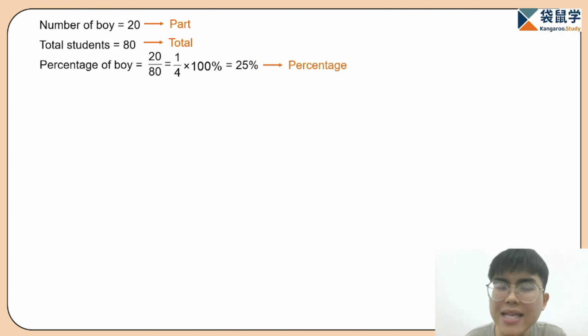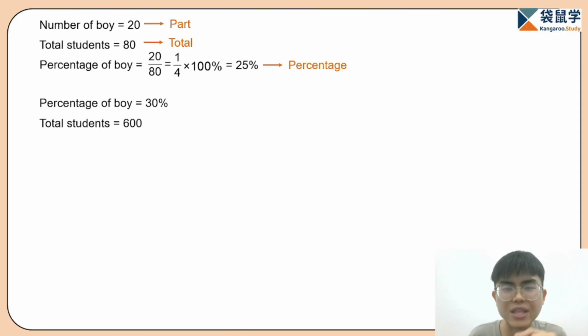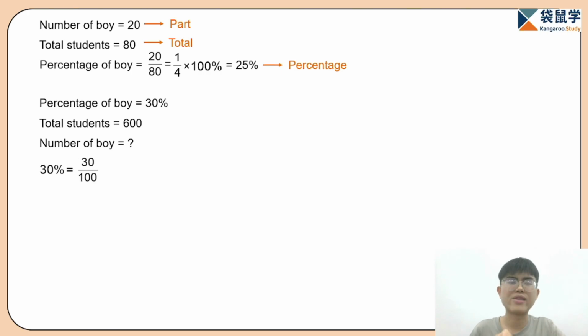Alright, now that you have learned this simple example, let's look at another example here, okay? This time, we have the percentage of boys in the class, which is 30%, and there are 600 students in total. We want to find the number of boys in the class. How do we find it? Since we know that the percentage is also a fraction with denominator 100, the 30% means 30 over 100.